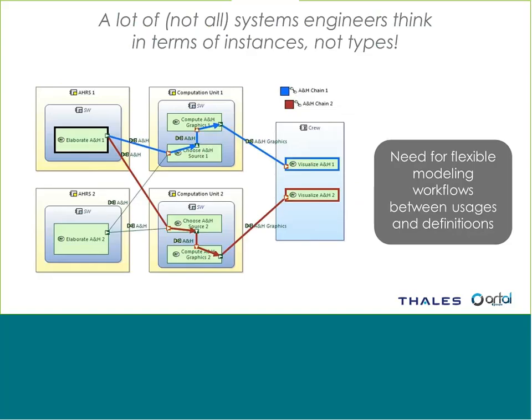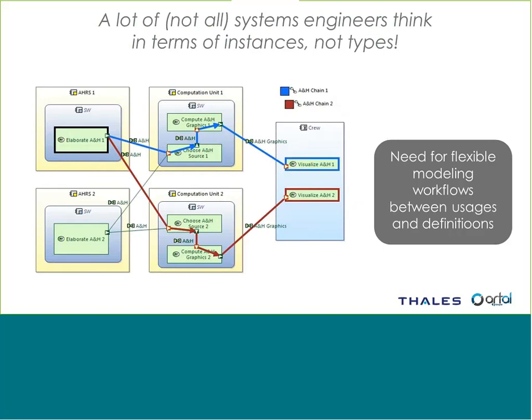Systems engineers, when they design their system, mainly think in terms of instances. They need to distinguish between the functions that are executed in each computing unit, for example. They want to associate different functional properties to the different instances of the functions, and they want to distinguish the functional chains that go through one or the other of these functions.